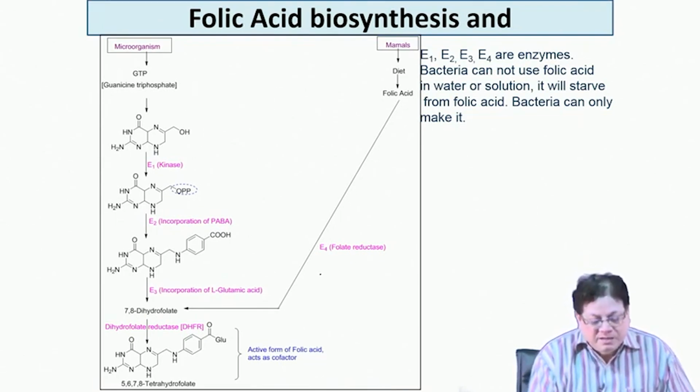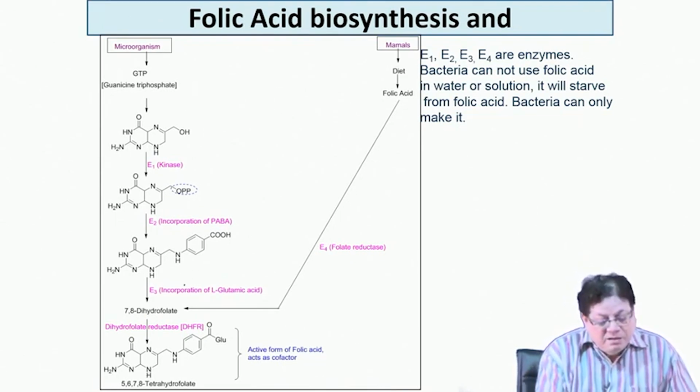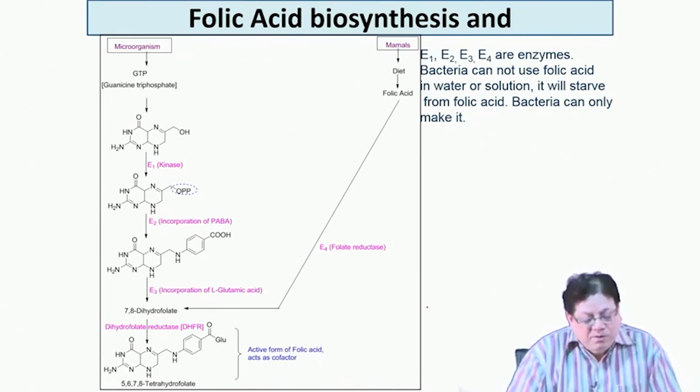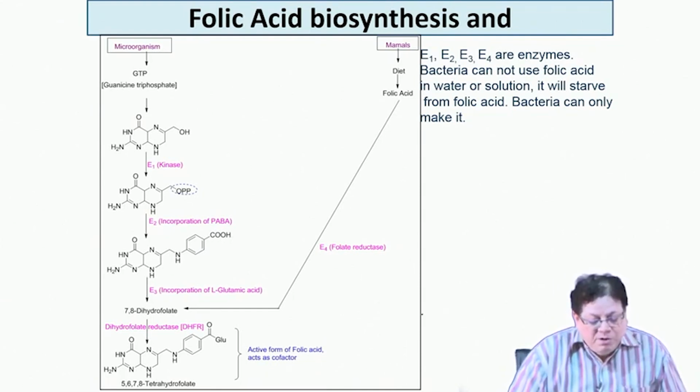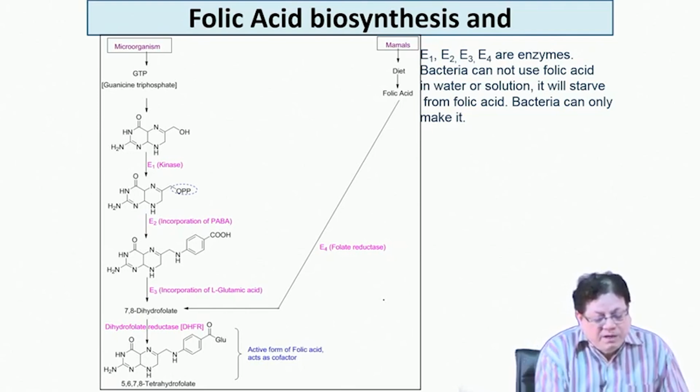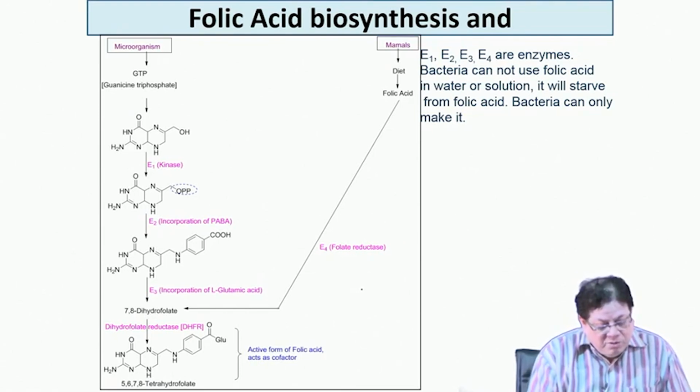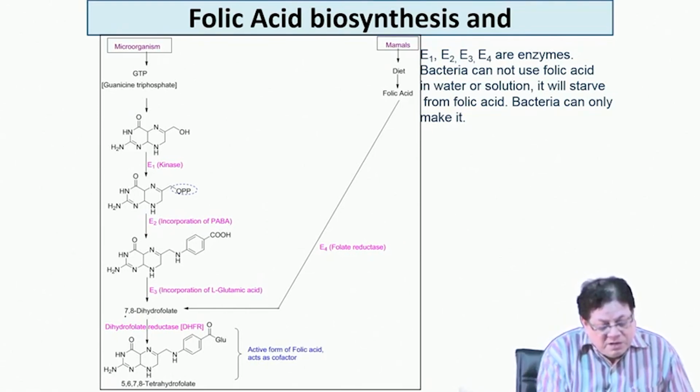So, the amine acts as the nucleophile, and the next step is that glutamic acid forms the amide bond with the carboxylic functionality of para-aminobenzoic acid, which is now hooked up to a dihydropteridine nucleus, and that gives rise to 7,8-dihydrofolate.